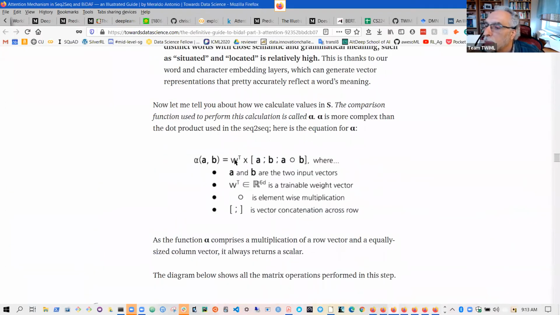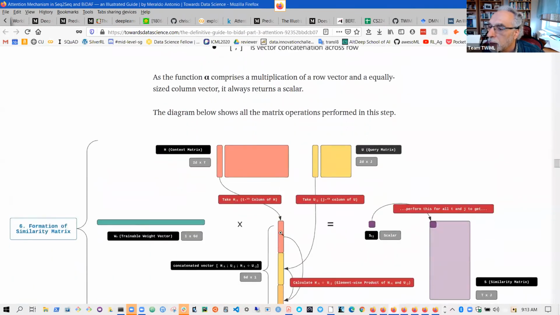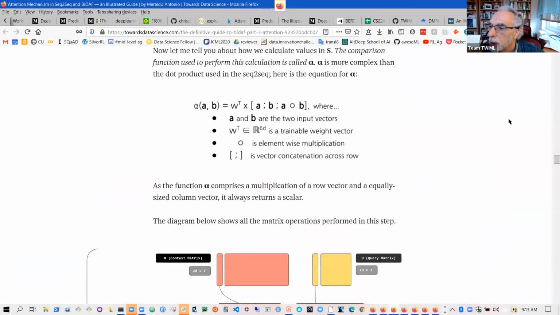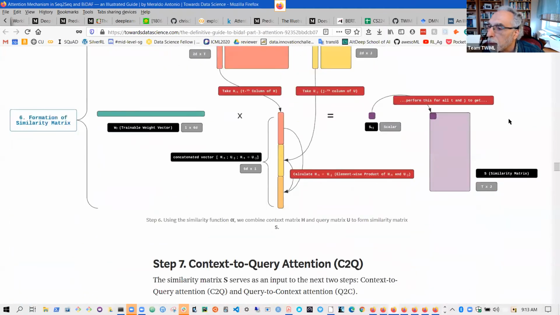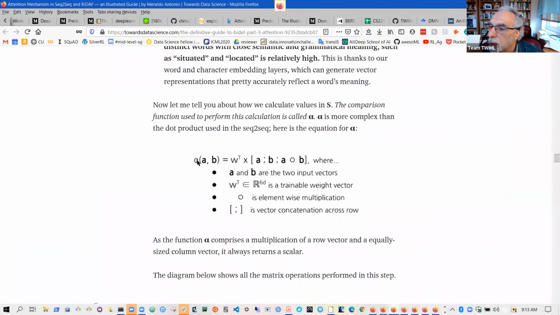And so then the dot product of the weights and the concatenated vector gives us that element of the similarity matrix.